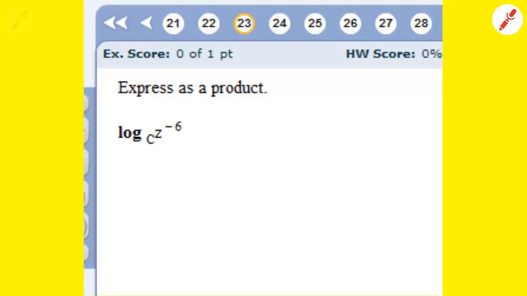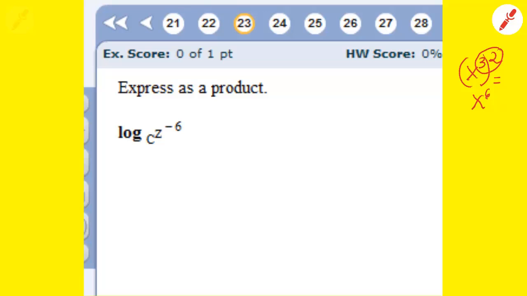Now, another rule of exponents, property of exponents, if you have a base and you raise it to a power, and you raise it to a power again, you multiply the powers. So x to the 3 raised to the 2 would be x to the 6.